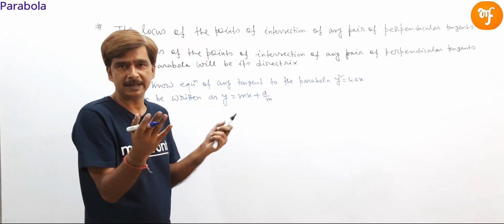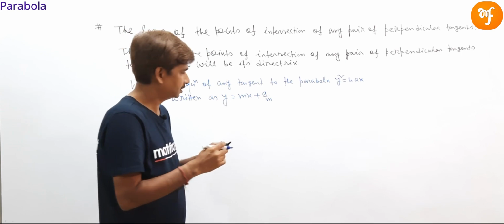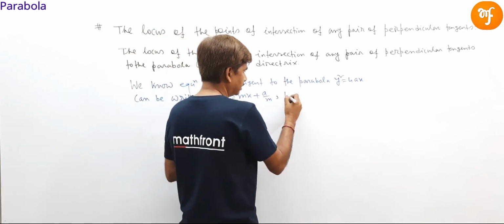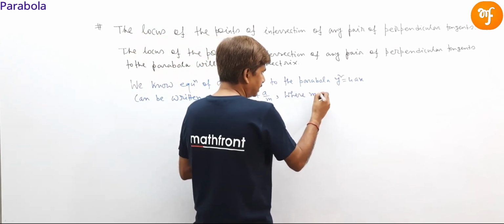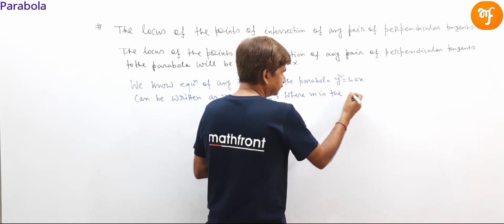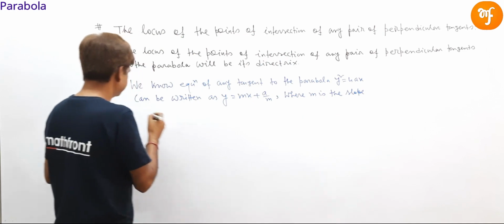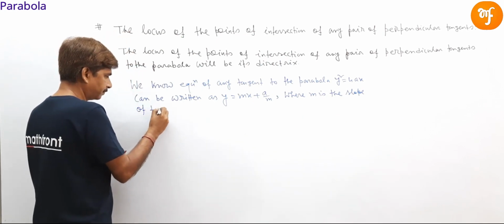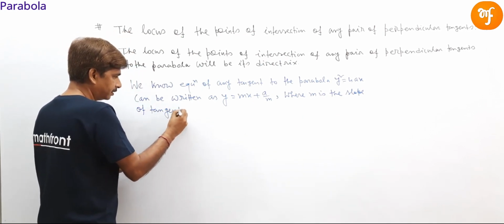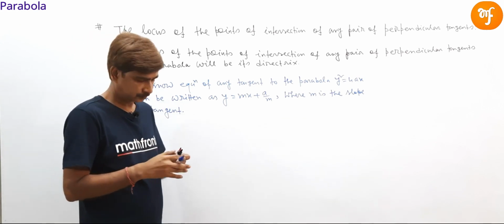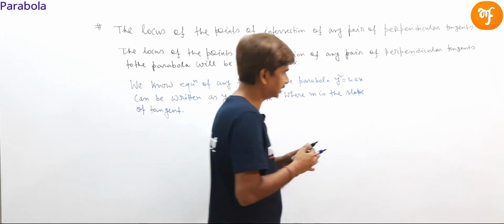And what is m? m is the slope of the tangent. Okay? We know it. So let's draw it for better understanding.